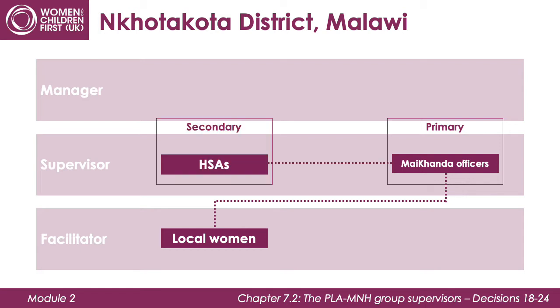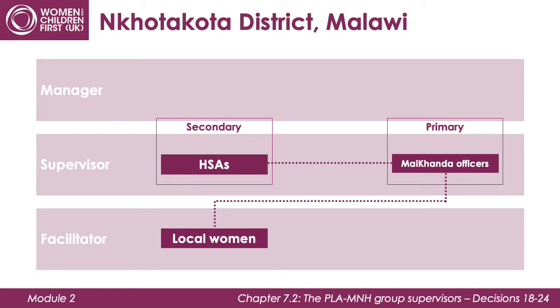However, from the beginning of the program, they also worked very closely with health surveillance assistants, or HSAs for short. HSAs are the community health workers operating in local communities in Malawi. These HSAs were selected as secondary PLA-MNH group supervisors at the same time that the NGO officers were selected.